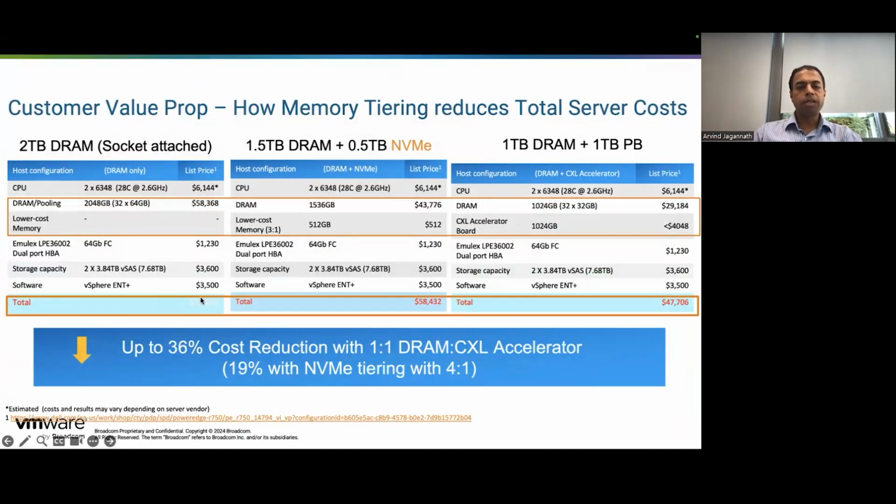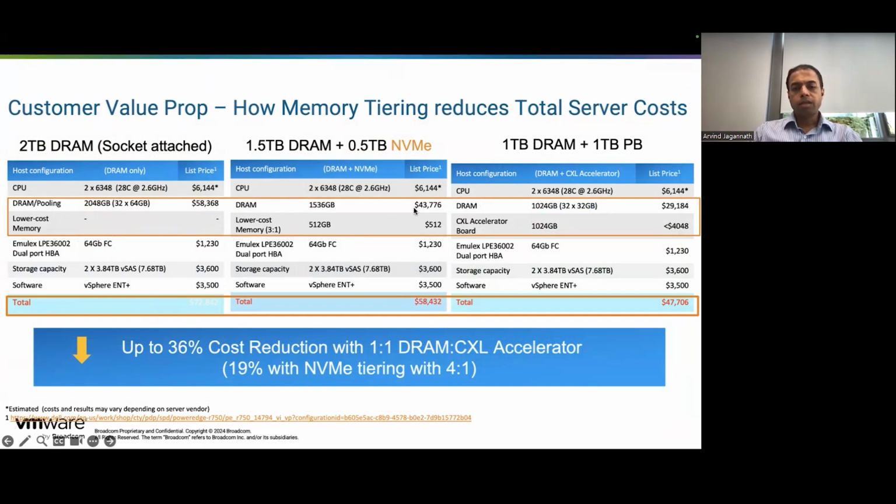On the left-hand side, 72K is the cost of the server, and this includes both DRAM and the other costs associated with the infrastructure. When you move to NVMe, the cost decreases to 58K.